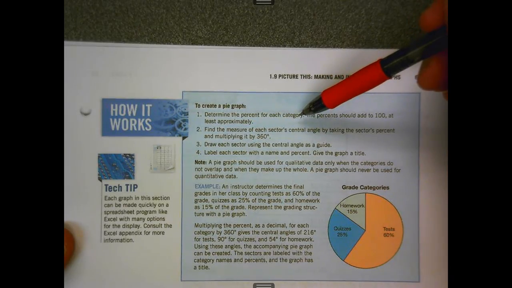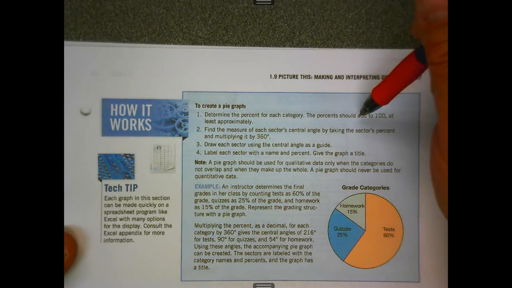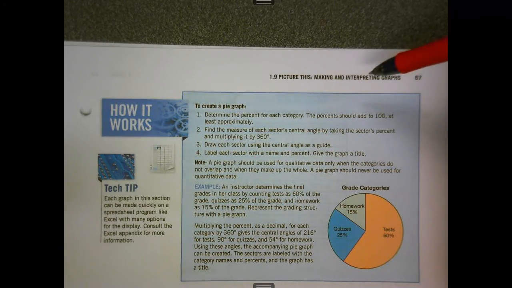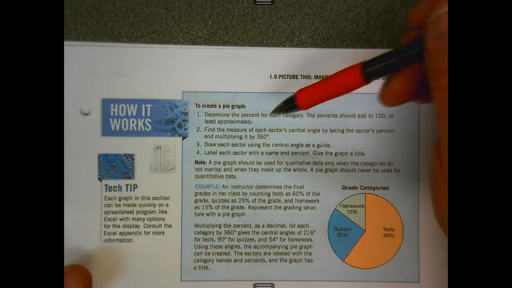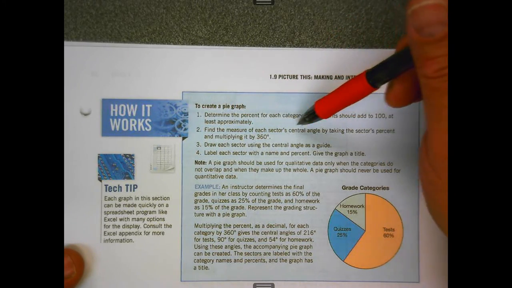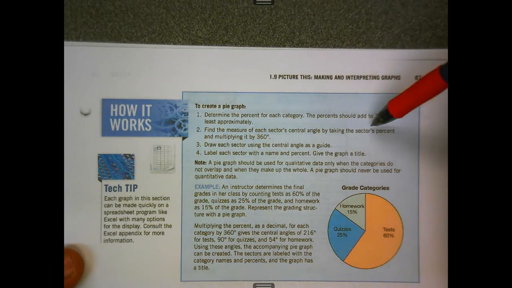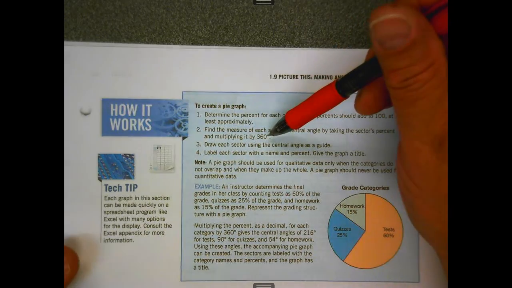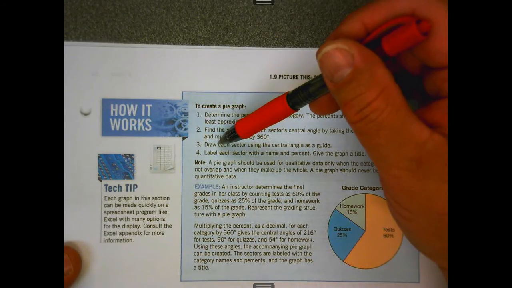Second step, find the measure of each sector's central angle by taking the sector's percent and multiplying it by 360 degrees. Then you're going to draw each sector using the central angle as a guide. And then you're going to label the sector with the name and the percent. Don't forget the graph title.